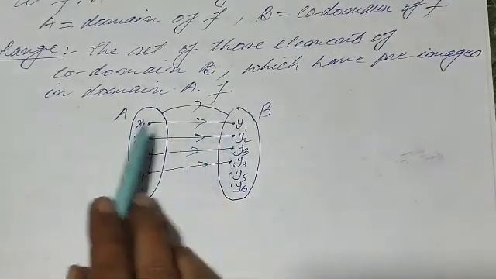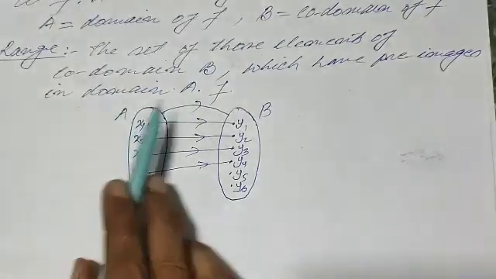So y1 is said to be image of x1 and x1 is said to be pre-image of y1.